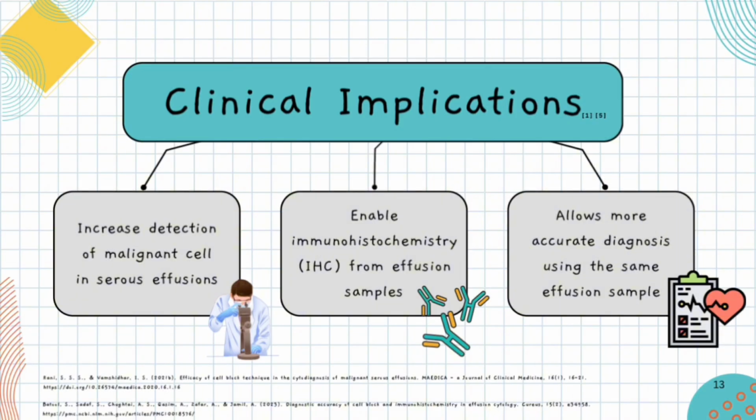Secondly, cell block allows immunohistochemistry to be performed on effusion samples, which helps in tumor typing, identifying the primary site, and supporting tumor staging and grading. Thirdly, cell block enables more accurate diagnosis using the same effusion sample, as both smear and cell block can be prepared from the same fluid. This reduces the need for repeat aspiration and improves patient comfort.